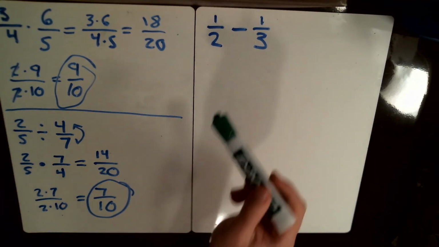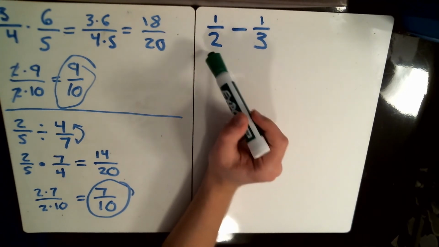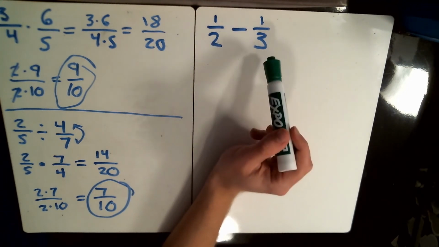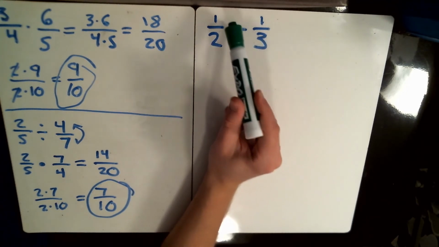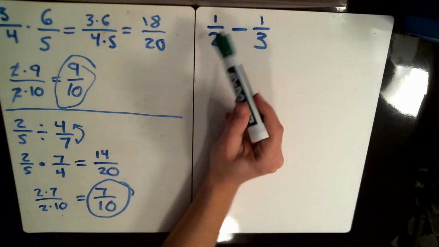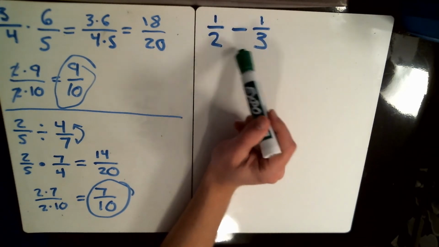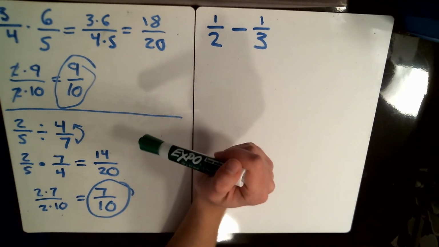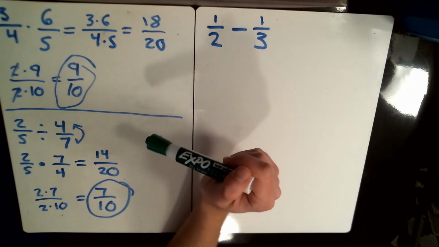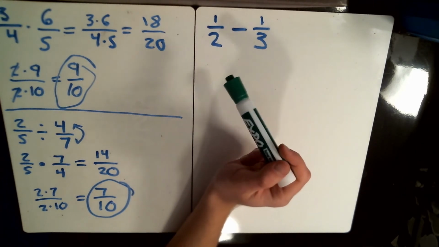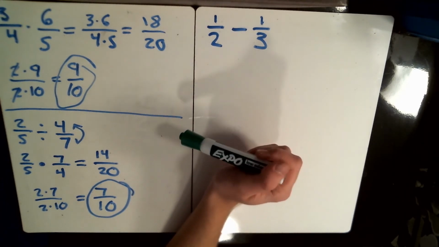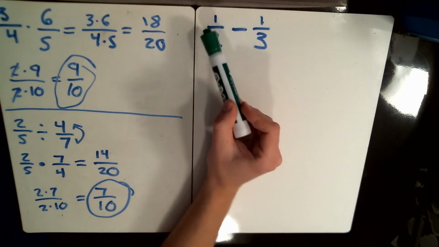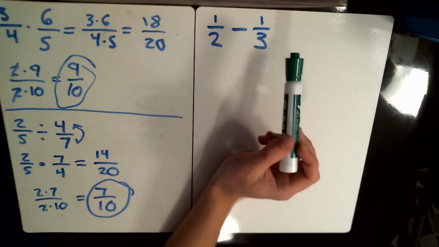You may be tempted when you see adding or subtracting between fractions to just subtract these two from each other, subtract these two from each other, just do straight across, kind of like what we did with multiplication. Okay, but that doesn't work because this is a half of a whole, right?